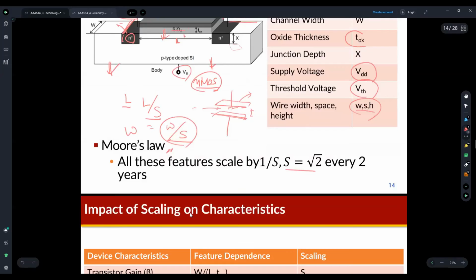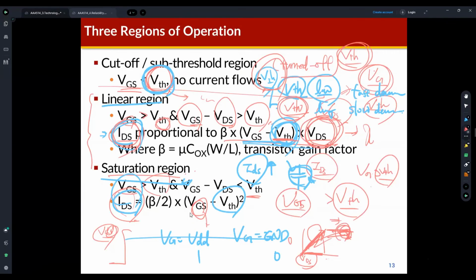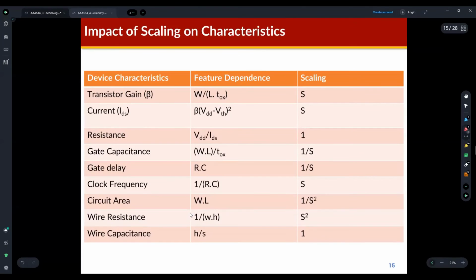So we learned about the operation of the MOS transistor, and now we focus on some factors like the transistor gain, the current, and other parameters.